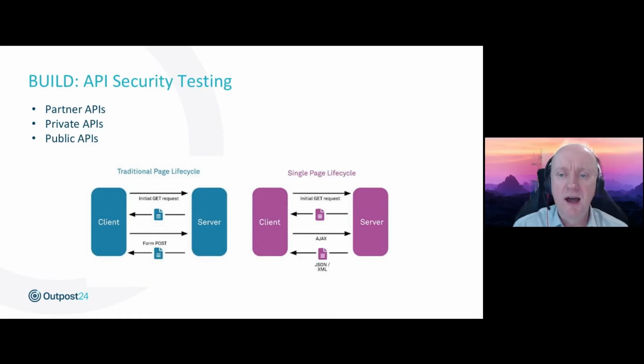So instead of the picture I've got on the left there of a more traditional website, using the single-page architecture is more efficient, quicker from a user point of view, and a lot more flexible as well. But it is exposing the APIs a lot more and increasing that actual attack surface, which is something we have to be very aware of, that we didn't have to be aware of previously.